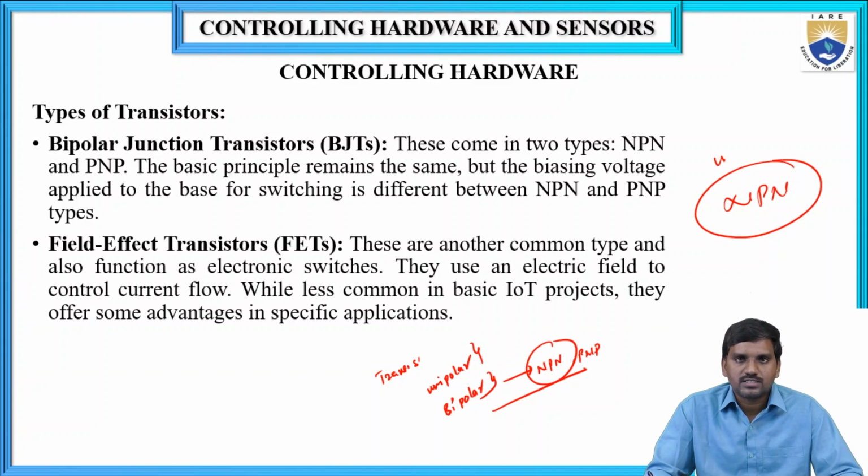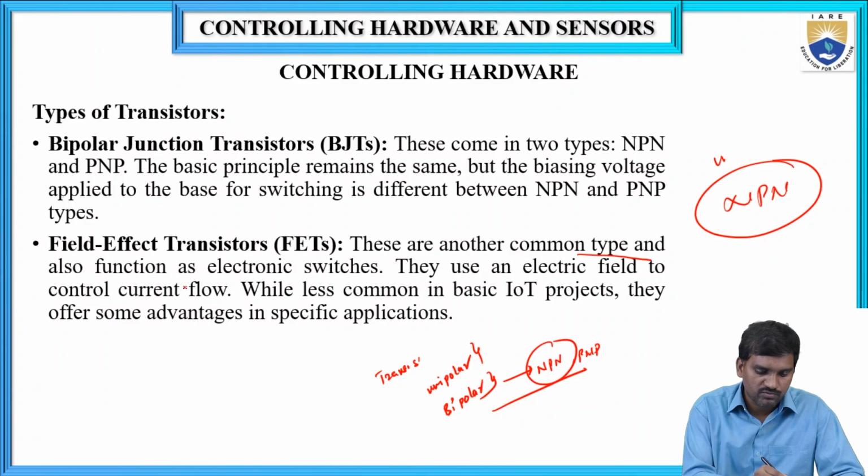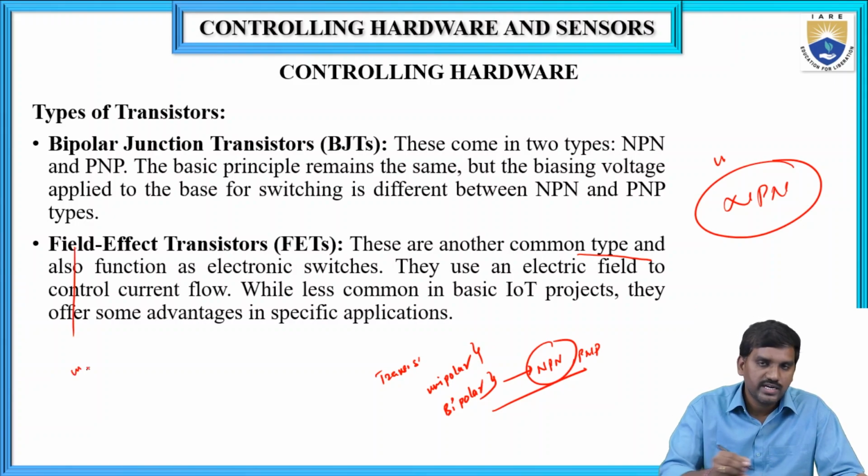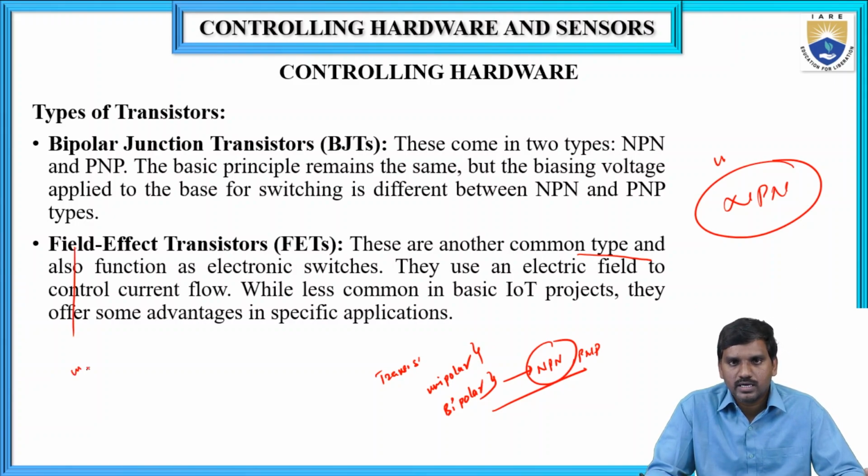And the field effect transistor, a unipolar transistor, is another common type that also functions as an electronic switch, using an electric field to control the flow.